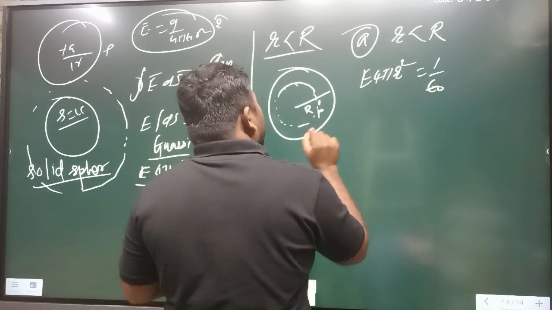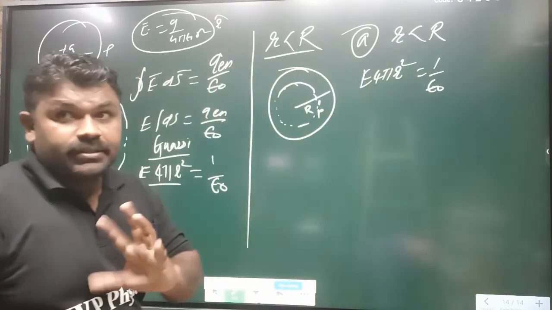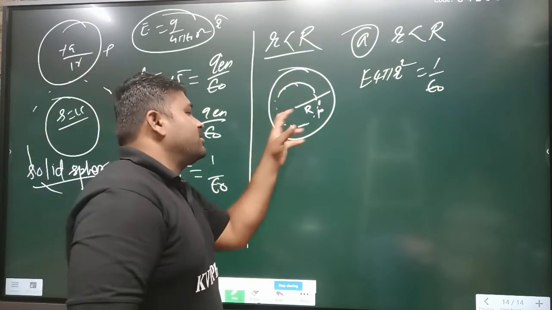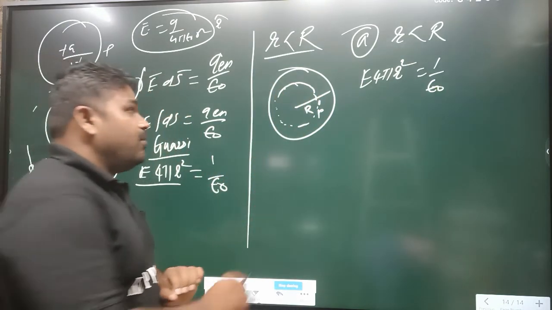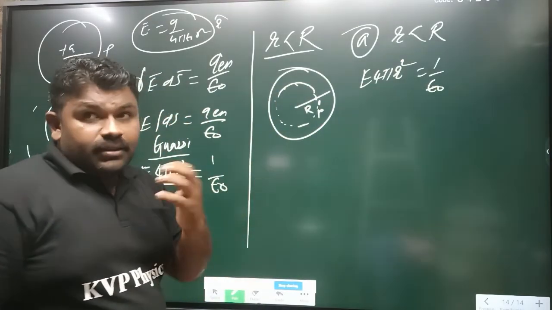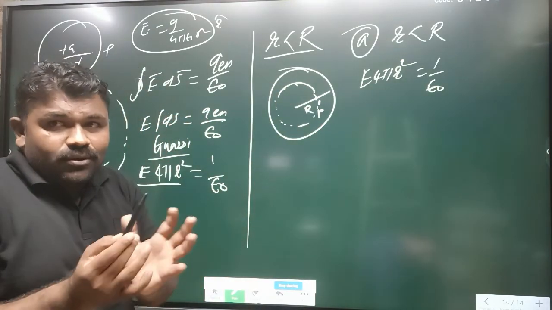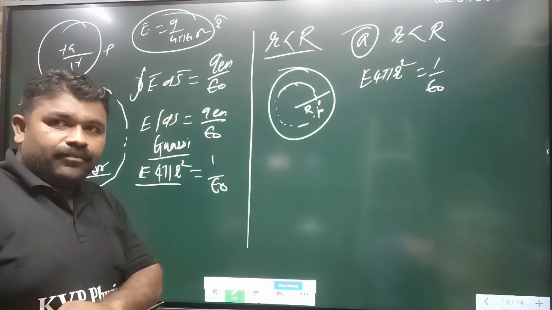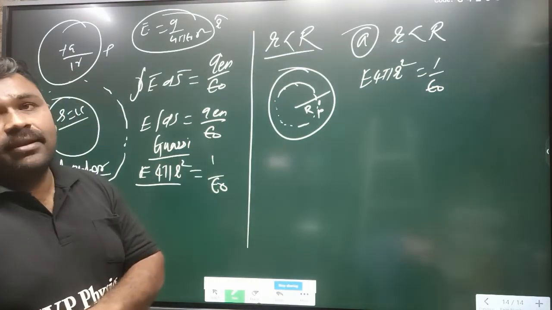Here capital R is the radius of the sphere, which holds 100% of the charge. Now the Gaussian surface is this one. Does this Gaussian enclose 100% charge? No, definitely this is less than.